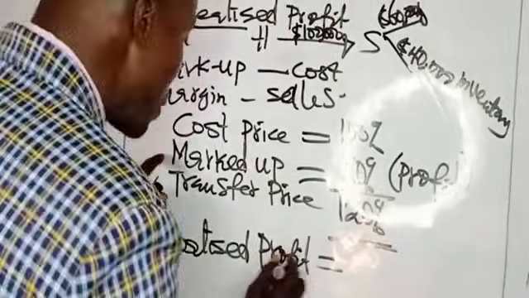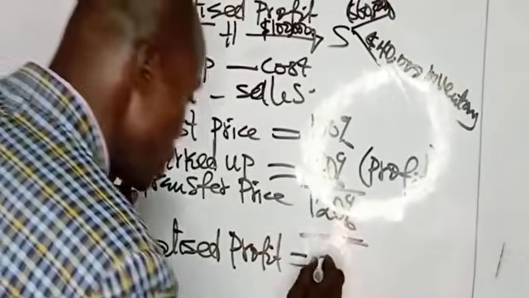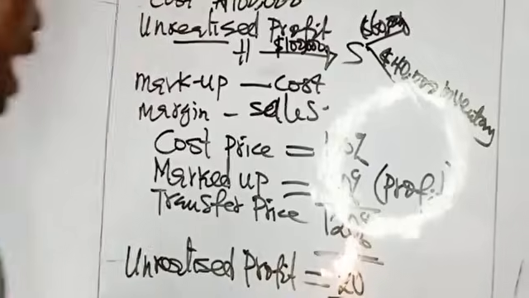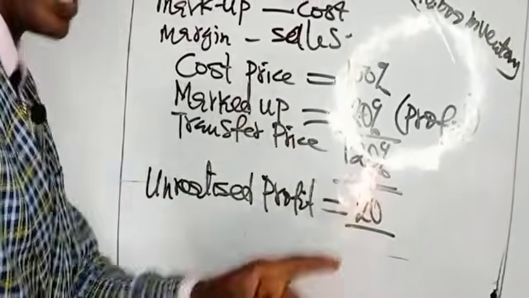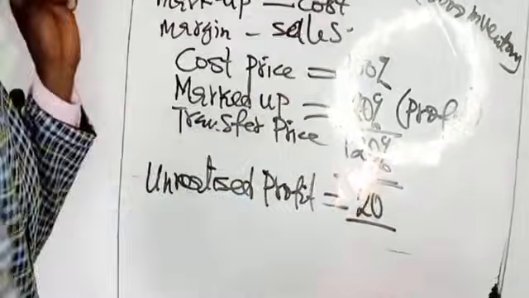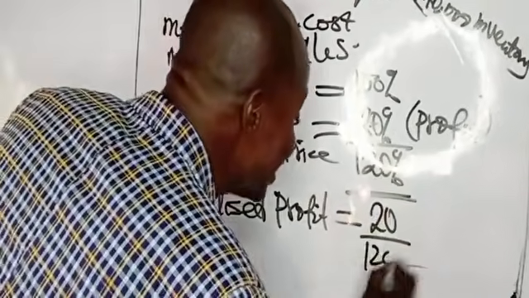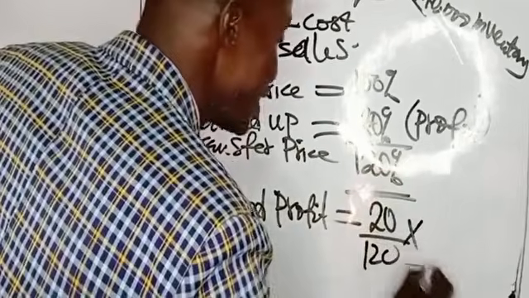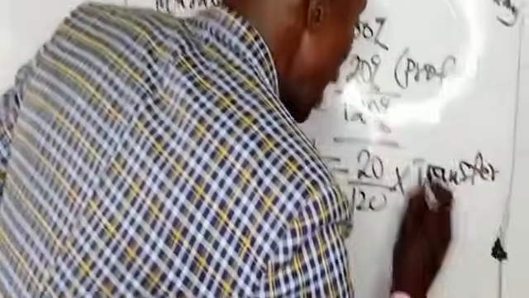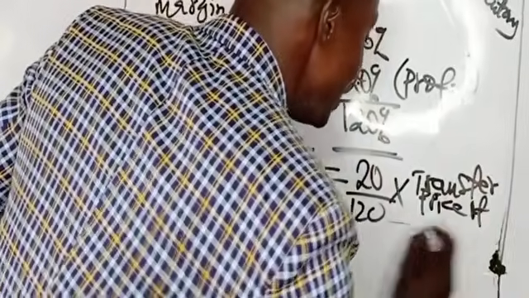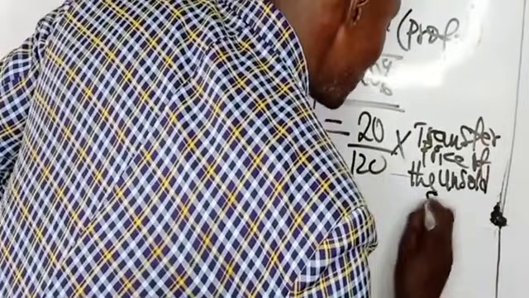So to calculate the unrealized profit, you have 20 over 120 times the transfer price of the unsold stock.